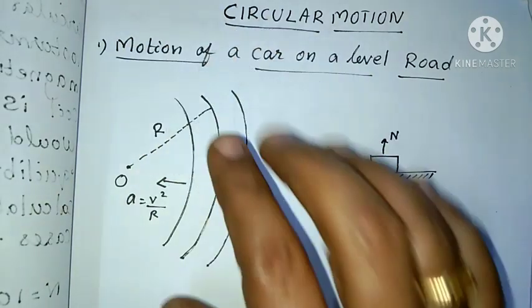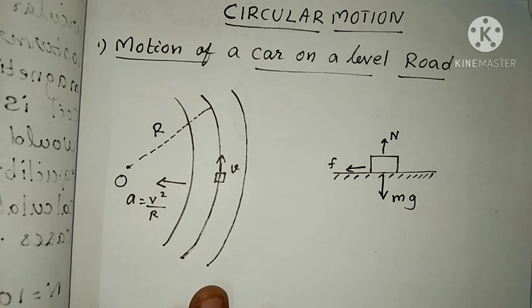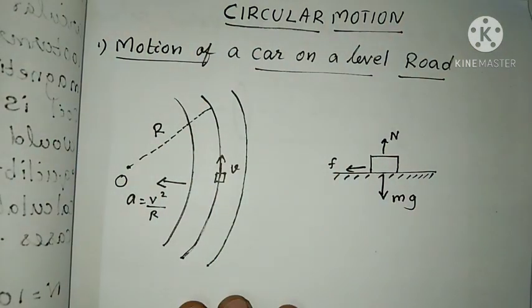In this case, we want to find out the maximum speed of the car to take this circular turn. You know that when you are driving and you take a turn on a road, you reduce the speed.